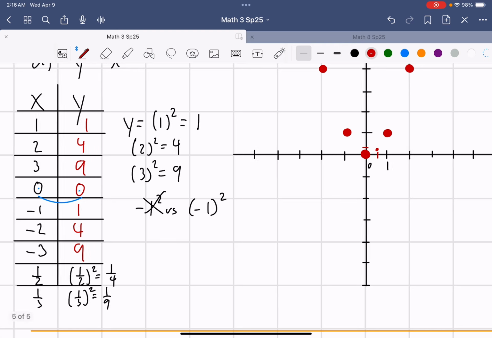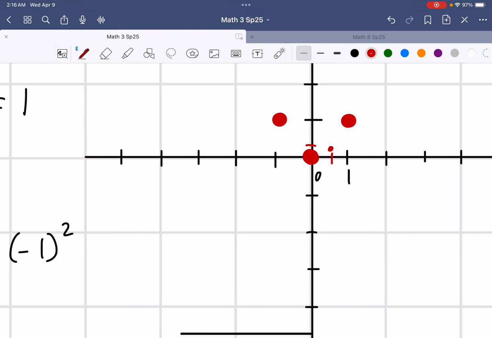And at that point, if I were to really zoom in, 1/3 is approximately here. 1/9 is going to be really, really low to the x-axis.